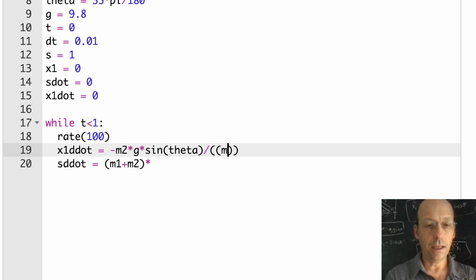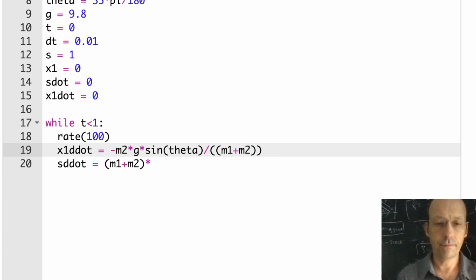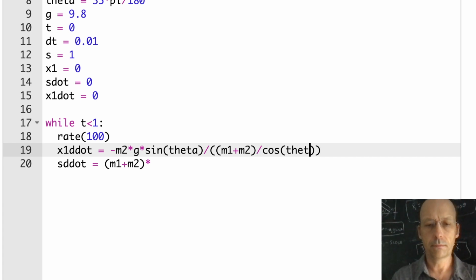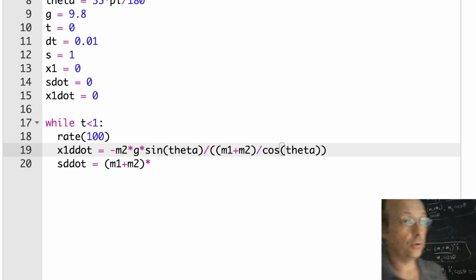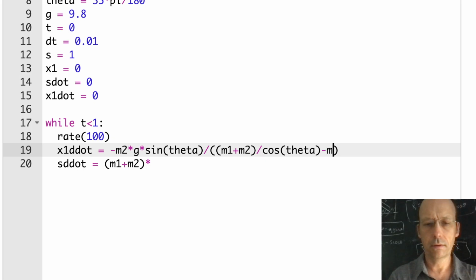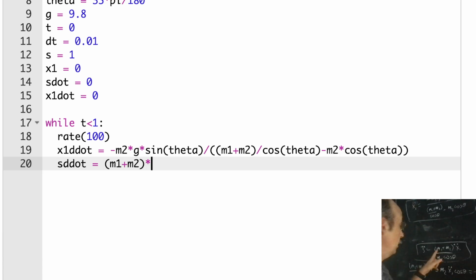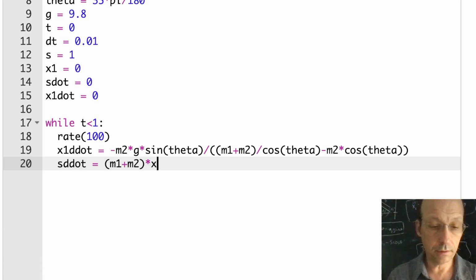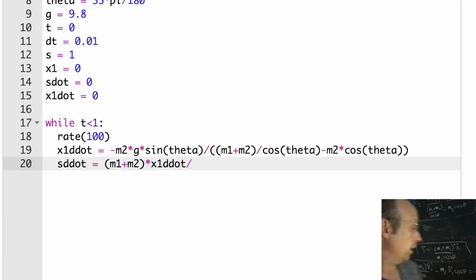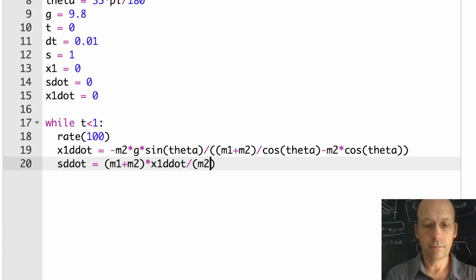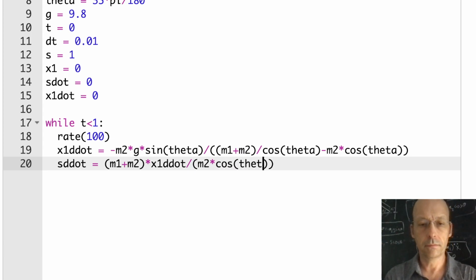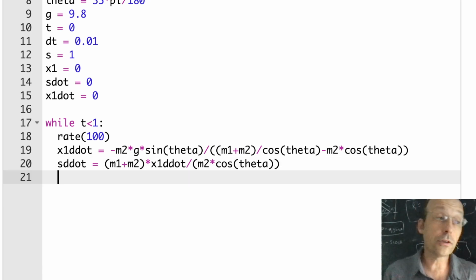M1 plus M2 divided by cosine theta, and then minus M2 cosine theta. And then this s double dot is that times x1 double dot divided by M2 cosine theta.